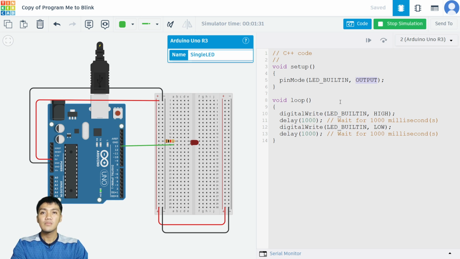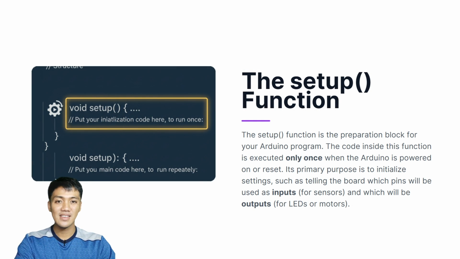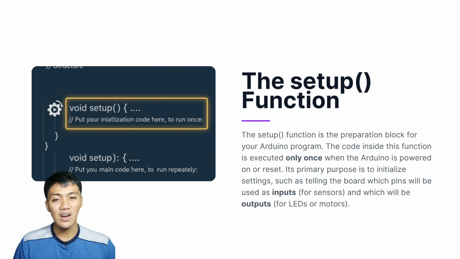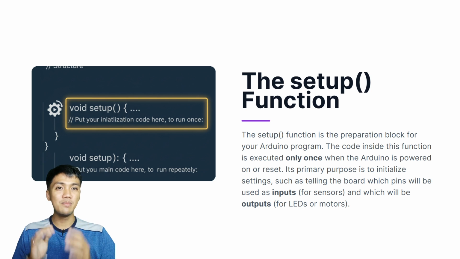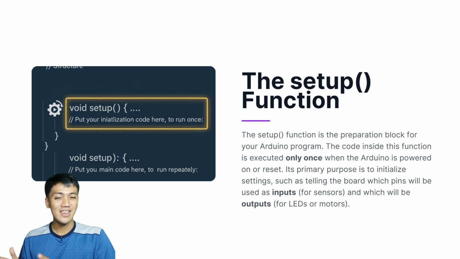Now, all of that should be in the void setup. We are telling what should be set up. What are the pins that will be used? What will be the functions of the pins that will be used?